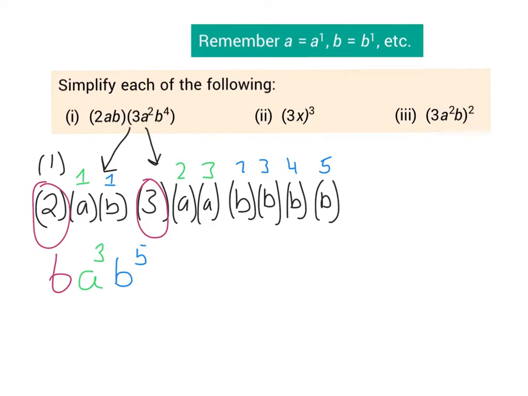And if we were to take the original equation, we have an a to the power of 1 plus a to the power of 2, which will give me a to the power of 3. And the exact same for the b's, we have b to the power of 1 plus 4, which again will give me b to the power of 5.